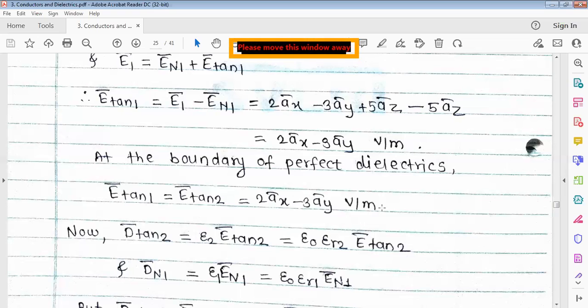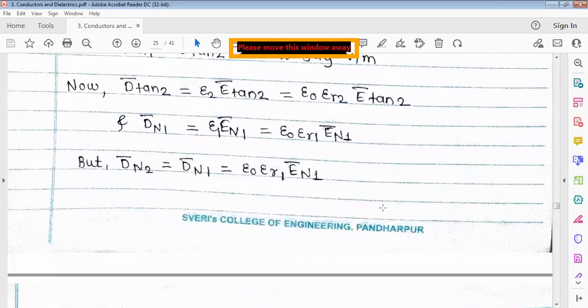So here first we are finding the tangential components and then the normal components. This D bar n1 is equal to epsilon 1 into E bar n1, and it is equal to epsilon 0 into epsilon r1 into E bar n1, where E bar n1 is the normal component. Therefore, D bar n2 is equal to D bar n1 from the boundary conditions.